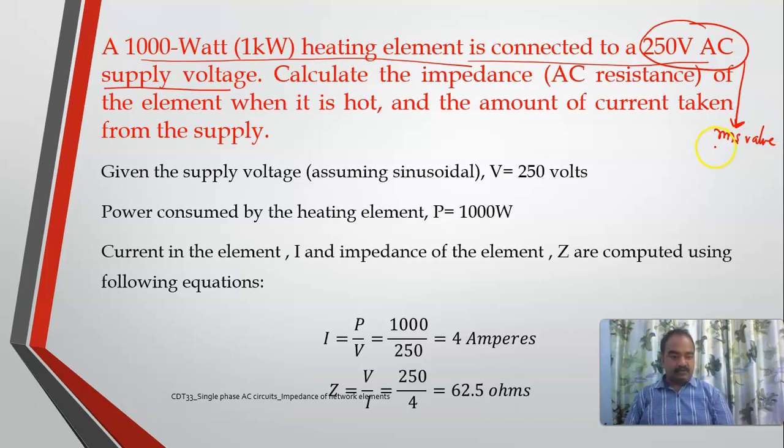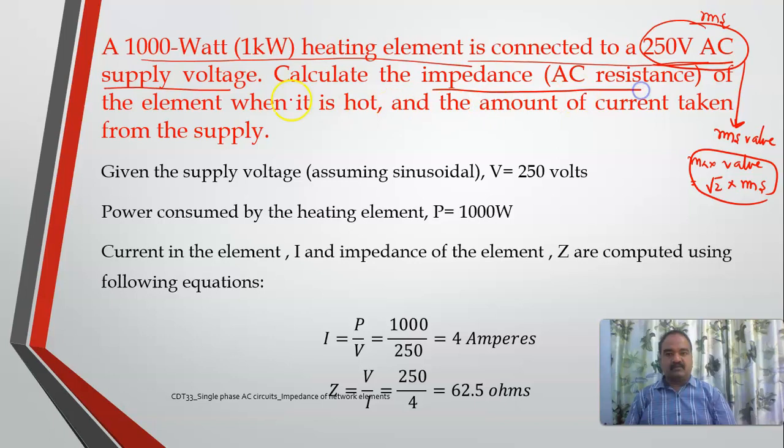And I have shown you in the last week that if you want maximum value for a pure AC sinusoidal signal, you should multiply it with root 2 times RMS. So, now, in this case, 250 volts AC signal, this might be the RMS value of the voltage.